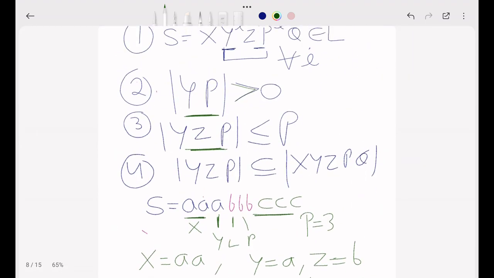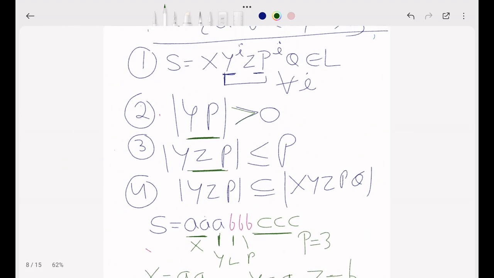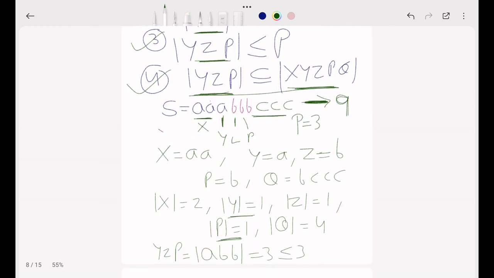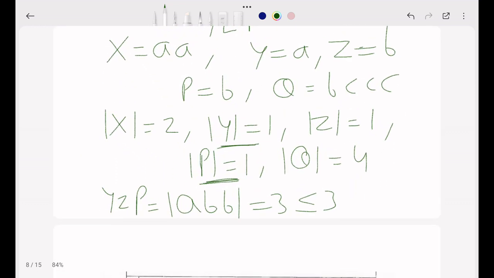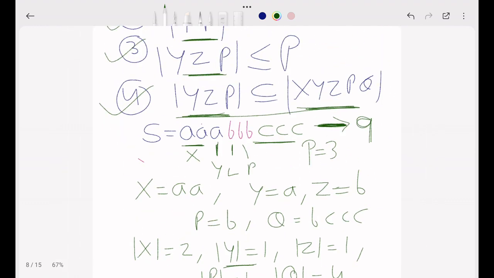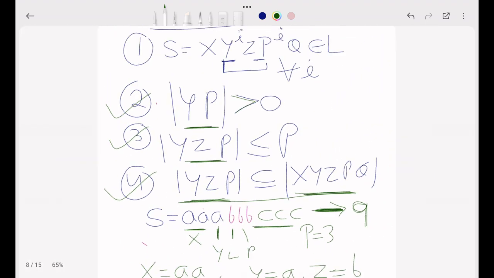So you can see I satisfied this one, and this is already 3 is less than 9. This is total 9 length. So yzp length is equal to 3, and 3 is a subset of this one, correct.